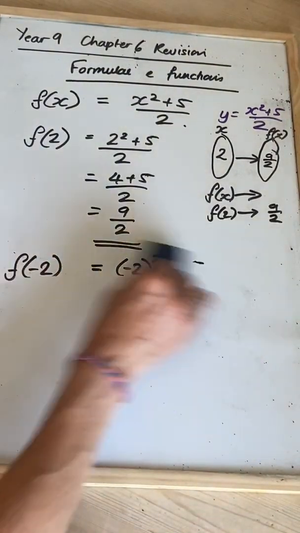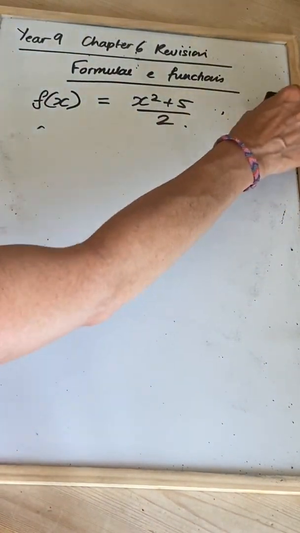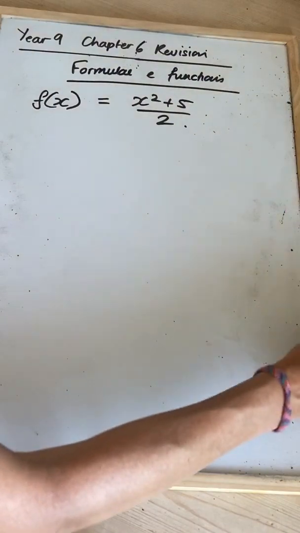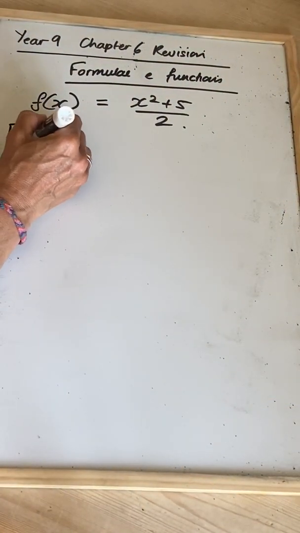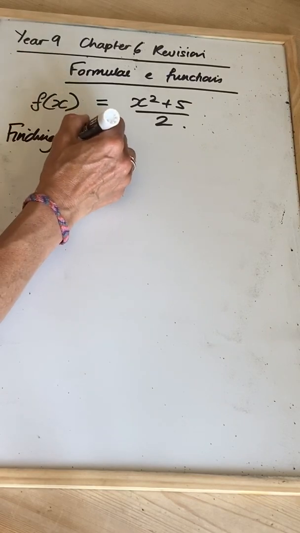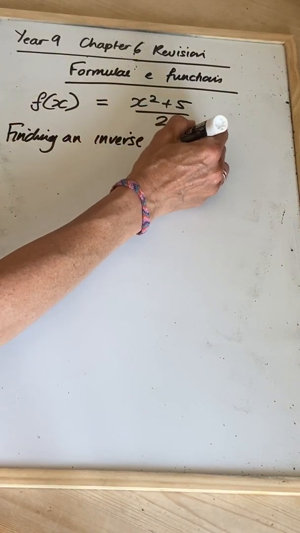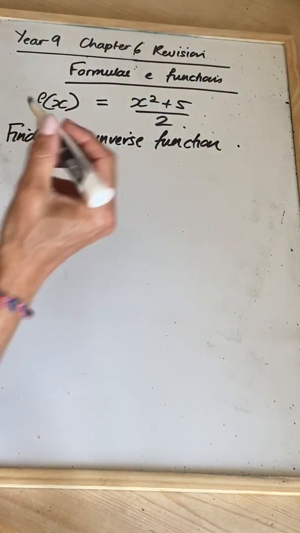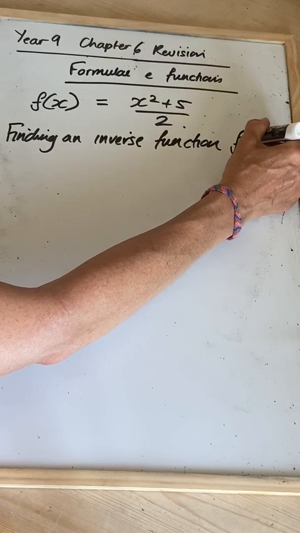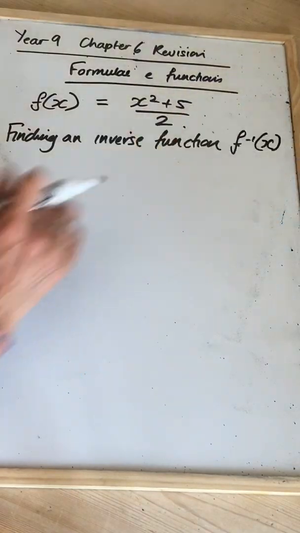Next thing we're going to have a quick look at, and it's going to draw on what I've literally just revised with you, is finding an inverse function, and that is denoted by f to the -1 of x.